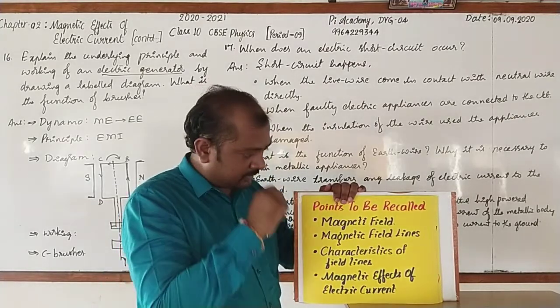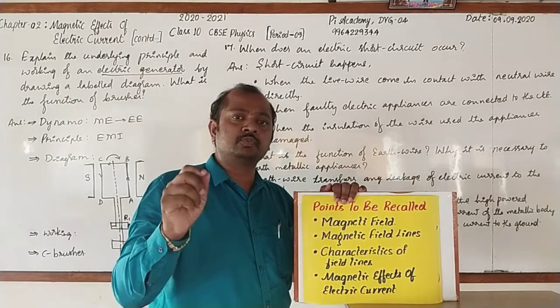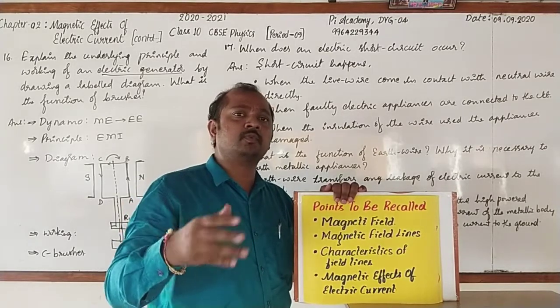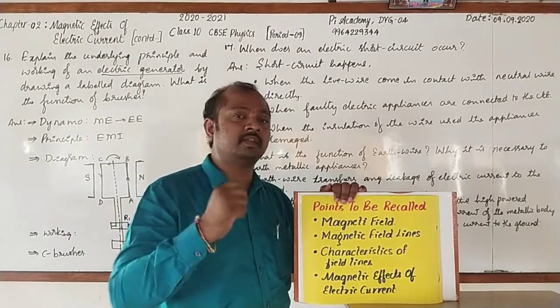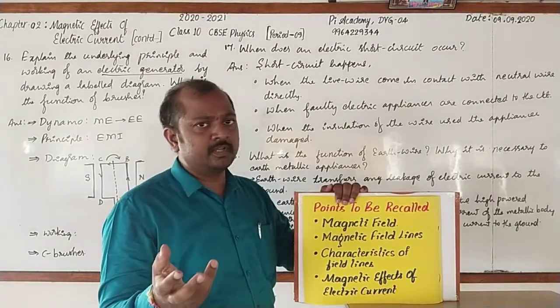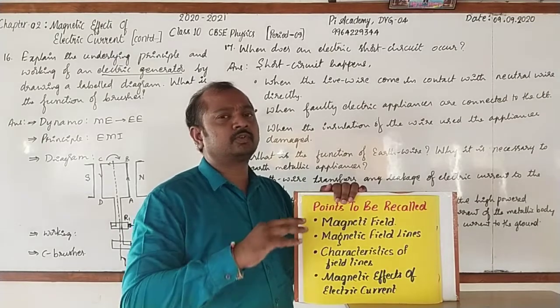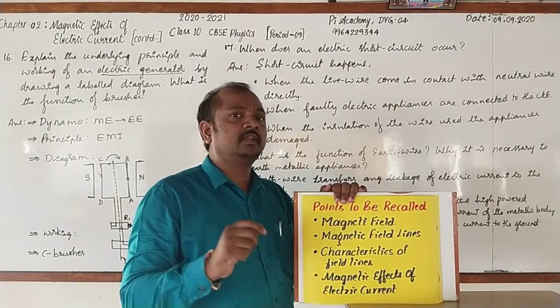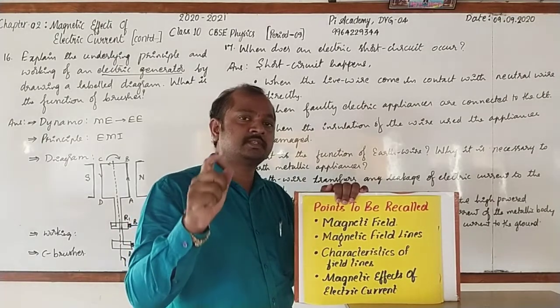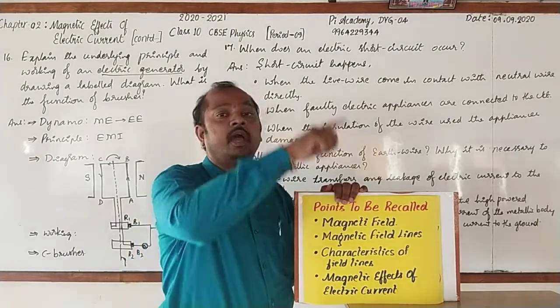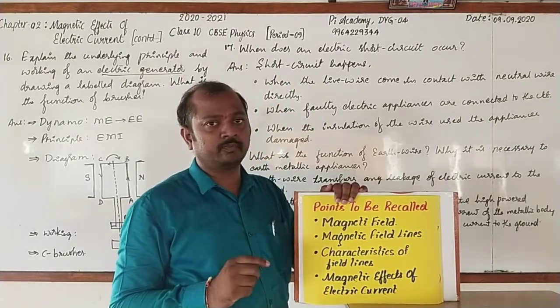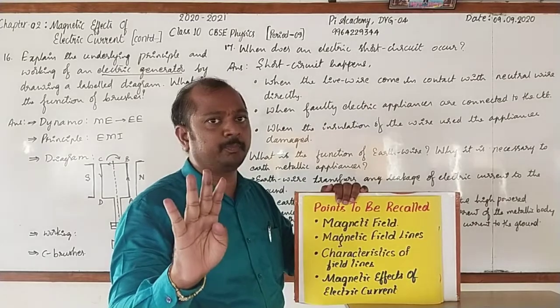Got it? Then magnetic lines of force exist more at the poles than at the middle. The reason is the magnetic field strength is more at the poles. Followed? And conventionally the magnetic lines of force start at the North Pole and end at the South Pole. Clear? These are four important points.